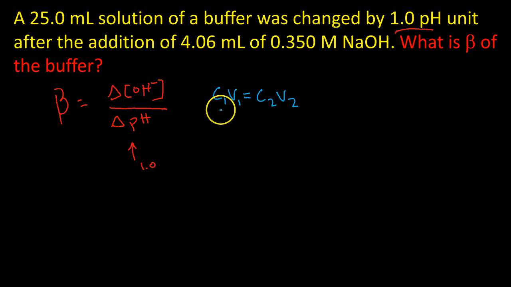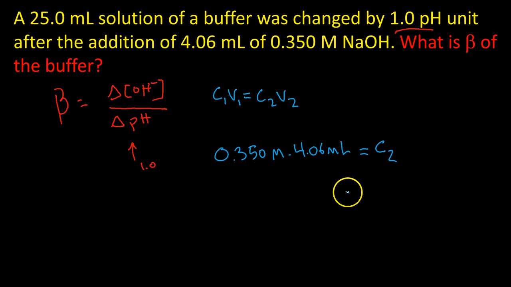We got our concentration that we added here, which is 0.350 molar times 4.06 milliliters, and that is equal to what we're trying to figure out, the concentration of adding that to this other buffer solution, which is 25 milliliters.